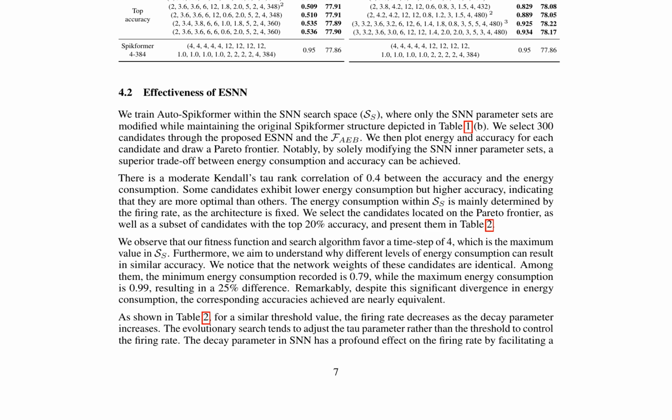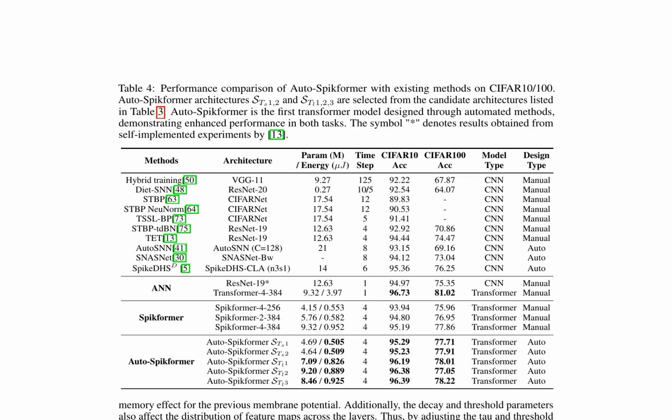The performance comparison of Auto-Spikformer with existing methods on CIFAR 10 and 100 is a significant aspect of the research. It focuses on the architectures STs 1, 2 and STL 1, 2, 3, highlighting Auto-Spikformer as the first transformer model designed through automated methods.